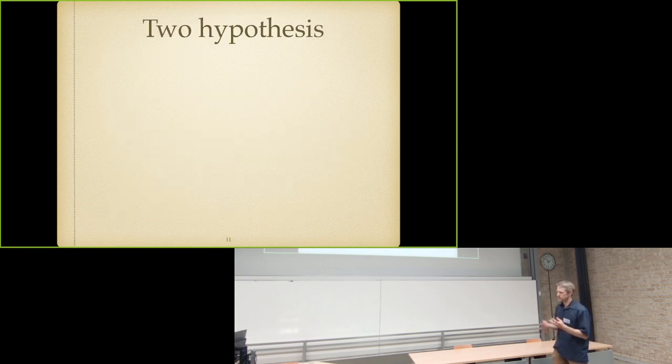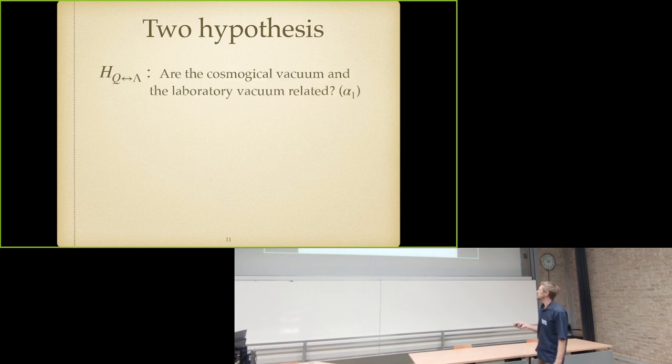Good. So now I want to formulate the two hypotheses of this work. The first is the question: is the Casimir energy density actually related to what you see in the Einstein equations? Is there any relation between the two, or is it something completely different, so we don't have to care?